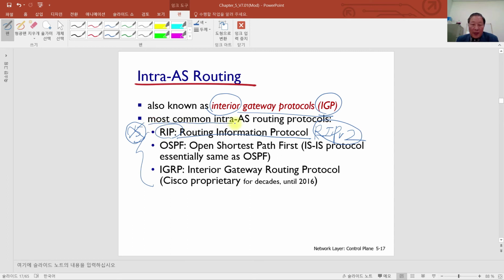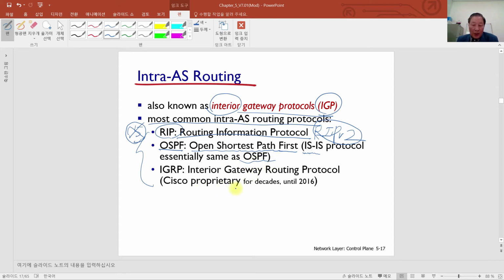Okay, the most common intra-AS routing protocols. Another one, OSPF, open shortest path first. This is related to the algorithm, shortest path first. Also this one is very similar, almost identical: intermediate system to intermediate system protocol, IS-IS, essentially the same as OSPF.